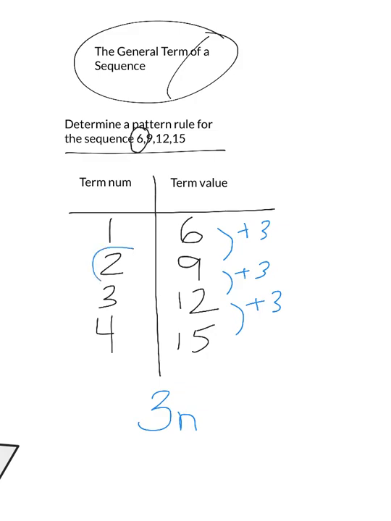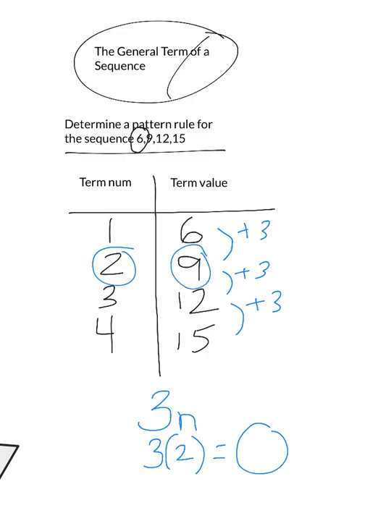Let's try it for figure number 2. Just say we took 3 and we took out n and substituted the term number, and then we solved it. What it should equal is the term value, because on the other side of the equal sign, that's where we put our term value. Well, 3 times 2 is 6, and our term value should be 9.